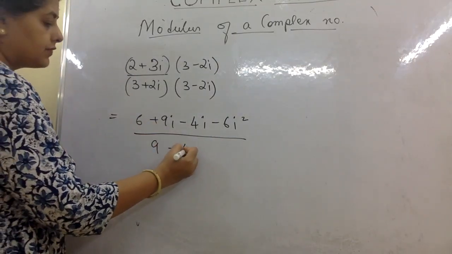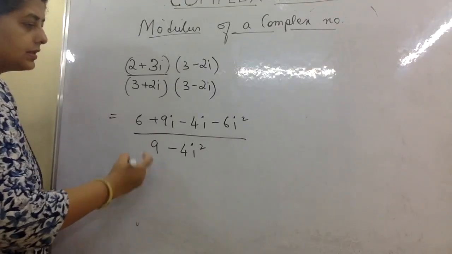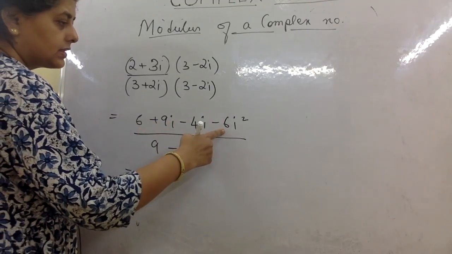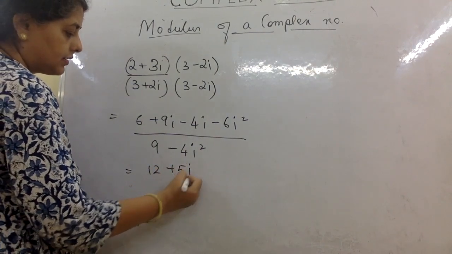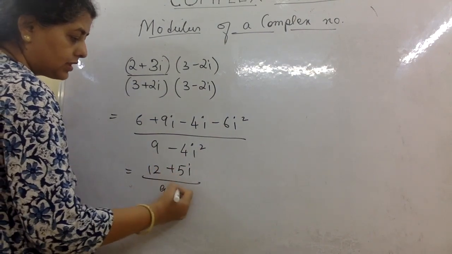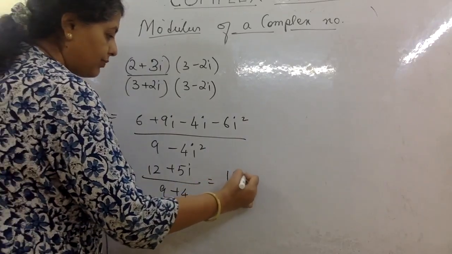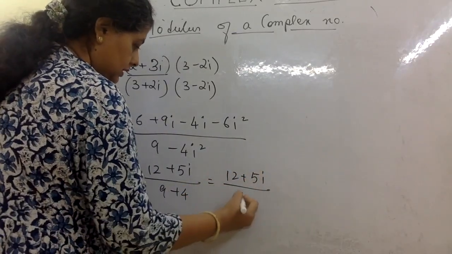That is 9 minus 4i square. This is plus 6. I get 12 plus 5i, and this is 9 plus 4, which is 13. 12 plus 5i over 13.